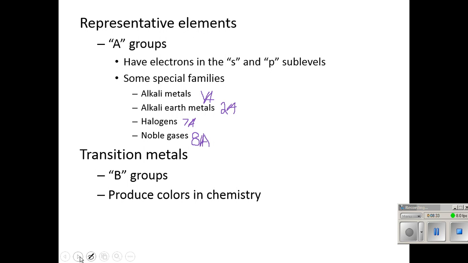That's because you have electrons moving around in that d sublevel from the s to the d, and that's a really easy move to make, but when they move, it produces color. You'll learn a little bit more about that later. So take a minute and write down the D block and the number of orbitals in that D block, but we'll discuss that at length later.